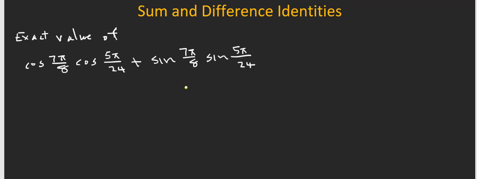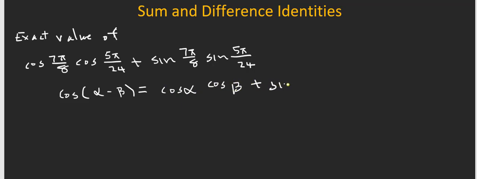Well, if you look at the formulas of the sum and the difference identities, you will notice that this looks like cosine of quantity alpha minus beta equals cosine of alpha cosine of beta plus sine alpha and sine beta.